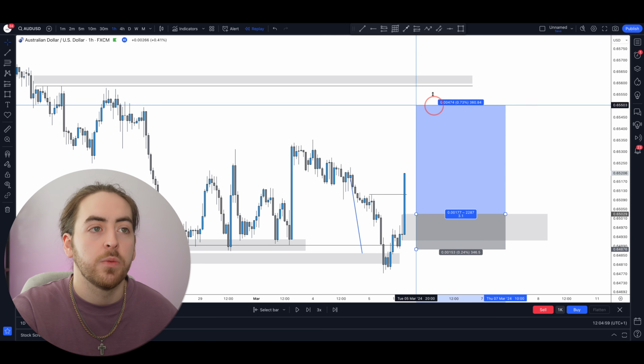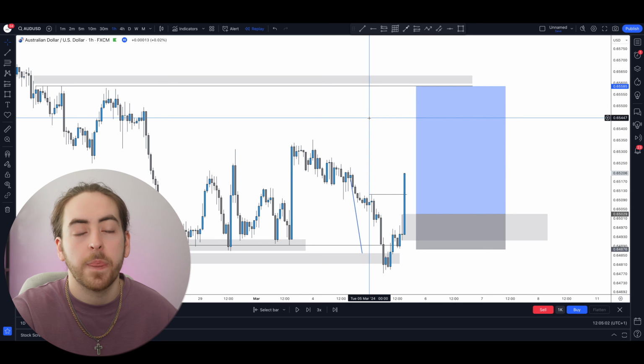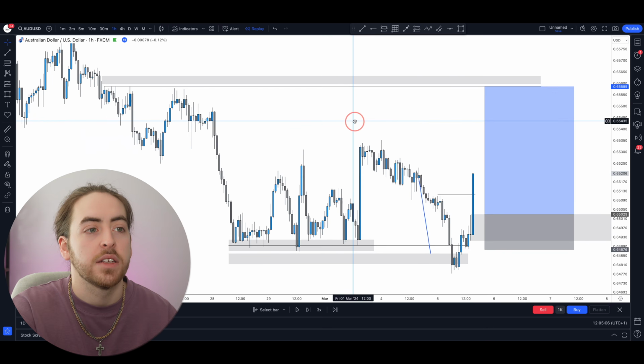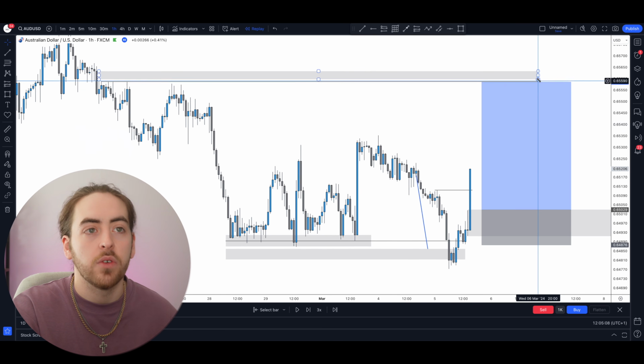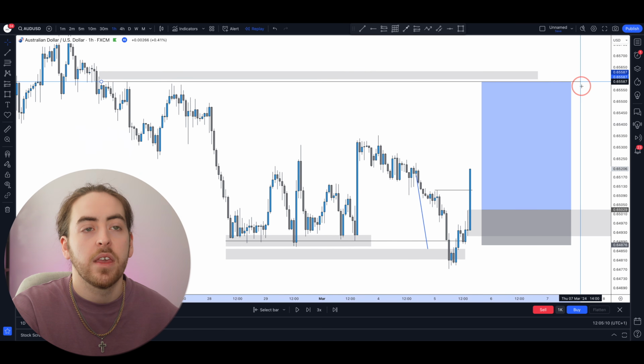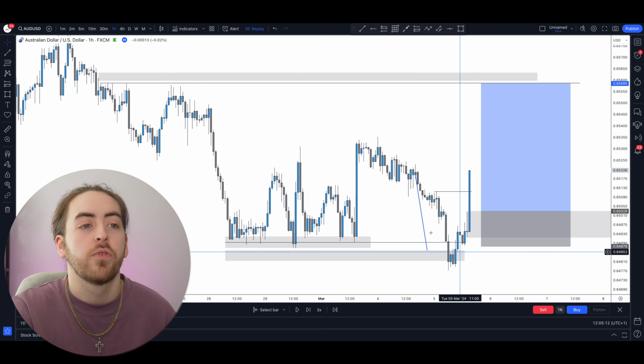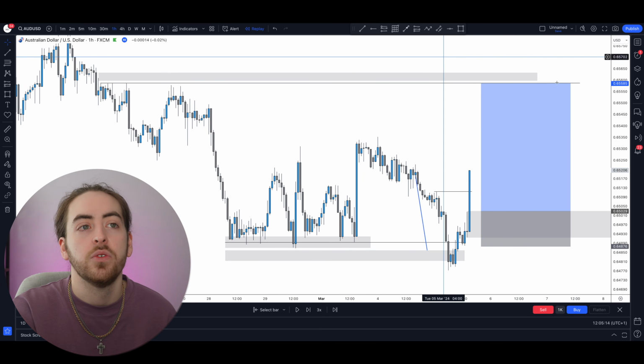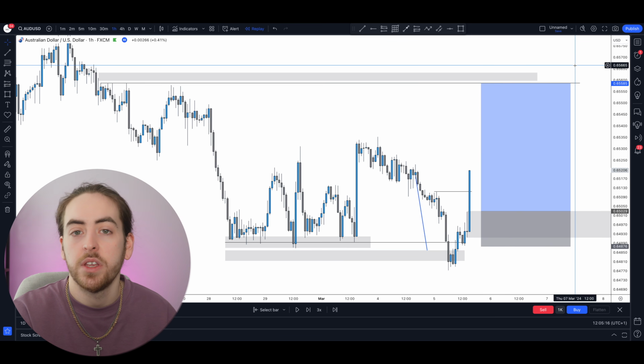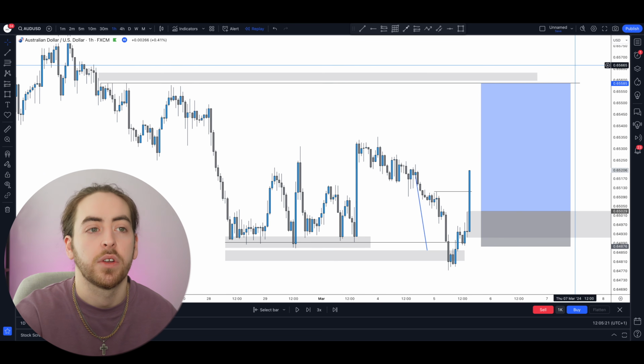So if we wanted to, we could take a trade. And what could we do here? Well, as we know, liquidity, equal highs in this format, is going to act as a pretty solid target. So we could use the equal highs for a target, and we would look to actually trade up from this sweep of liquidity into a new sweep of liquidity. So equal highs and equal lows are good for reaction points and reversals, and also for targets for positions.